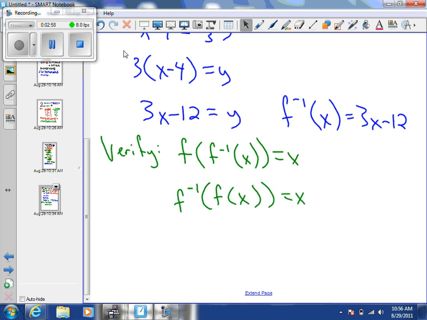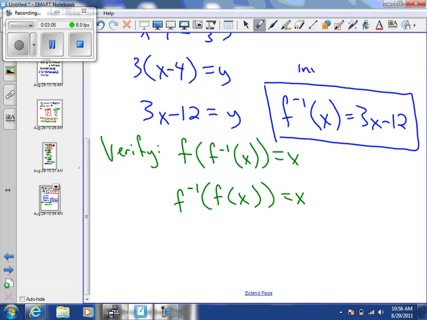That will verify that what I did is correct. I am saying this is my inverse. Let's look at the first one, f of f inverse of x.